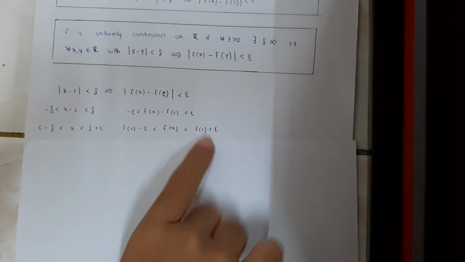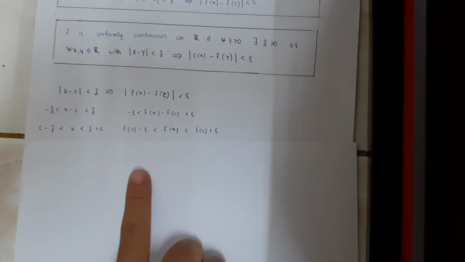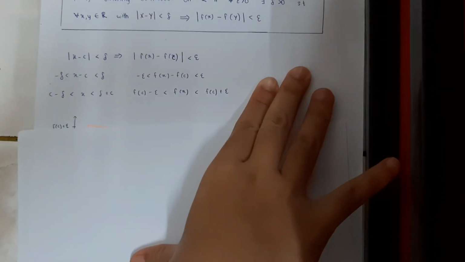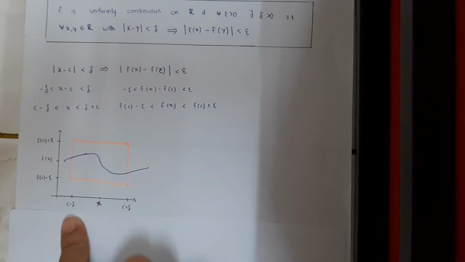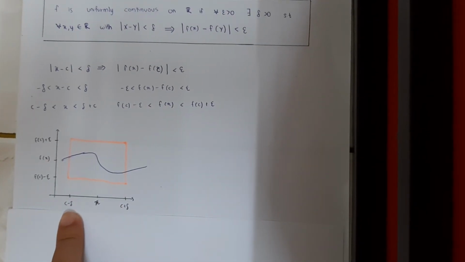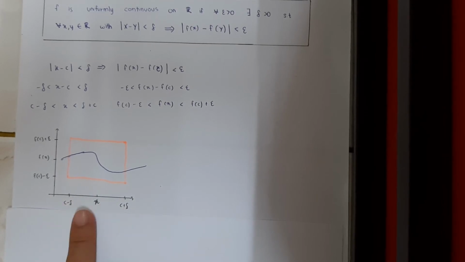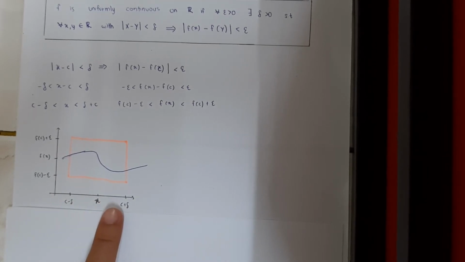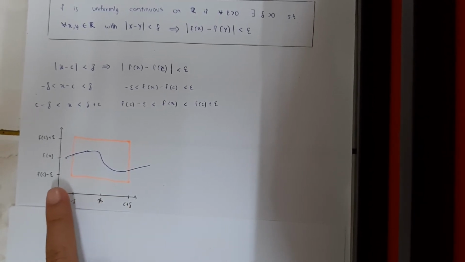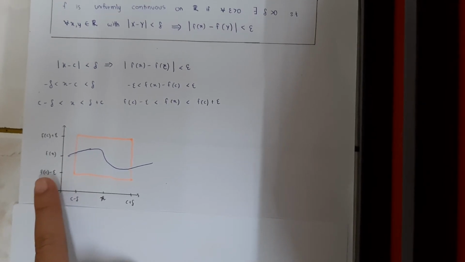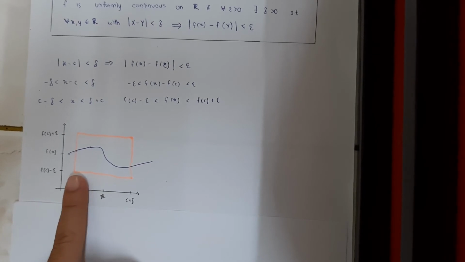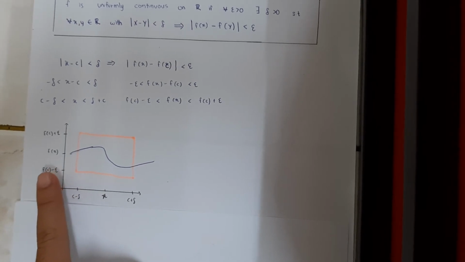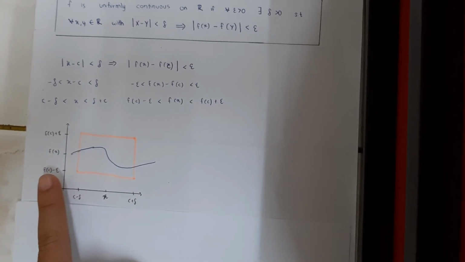So from this work, we can see on the graph, x is between c minus delta and c plus delta, and for the y-axis f(x) is between f(c) minus epsilon and f(c) plus epsilon.